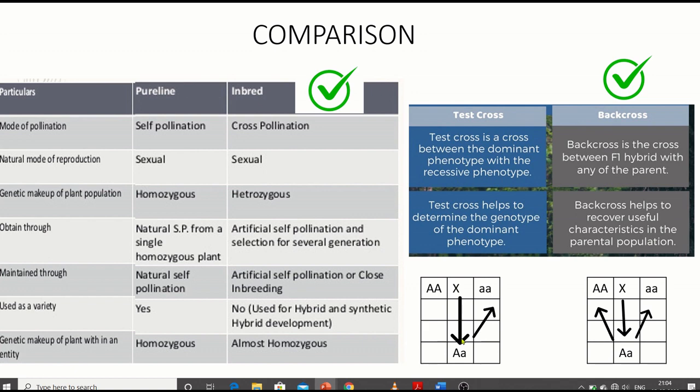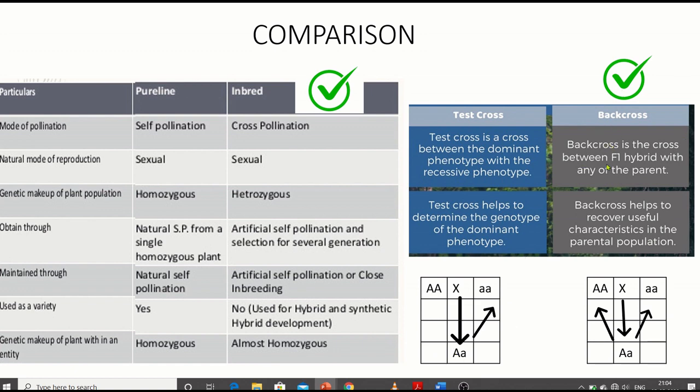If we cross capital A small a to small a, which is a recessive phenotype, it will be called a test cross. Usually this is used to identify whether the progeny is a homozygote or a heterozygote, so this is significant in testing of a progeny.